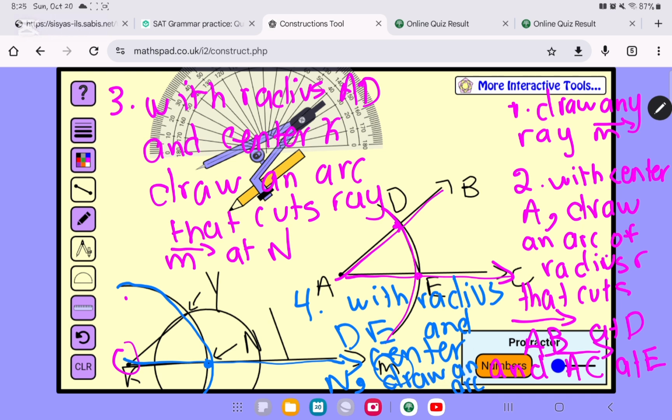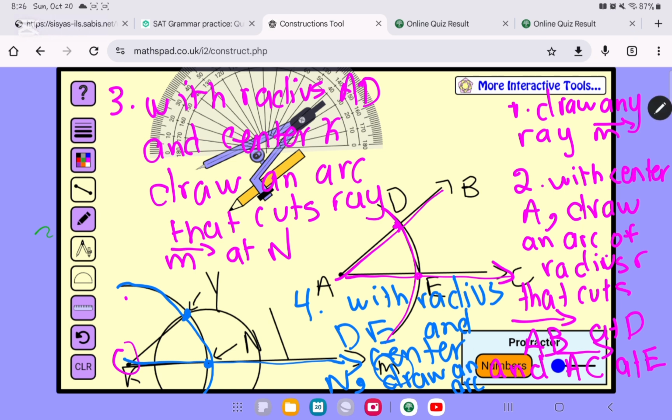Of course, I can't fit it here, so I'll just say it. With the radius DE and center N, we will draw an arc that will cut the primary arc at point Y. So if you want to write for number 4, it will be with radius DE and center N, draw an arc that cuts the initial or primary arc at point Y.